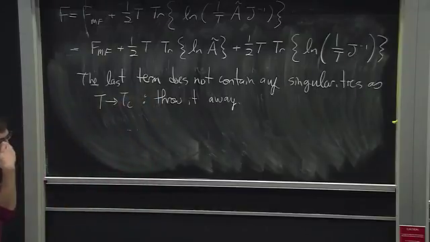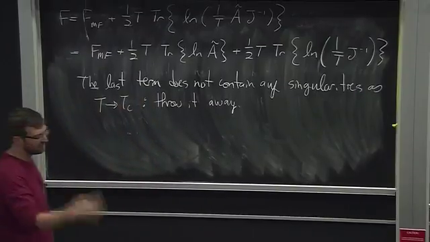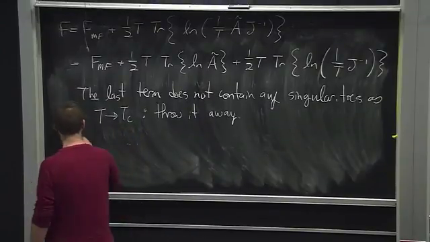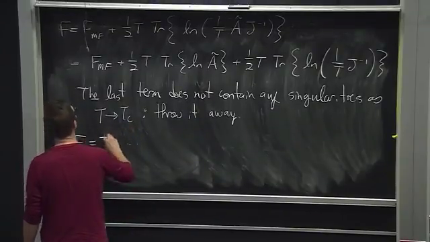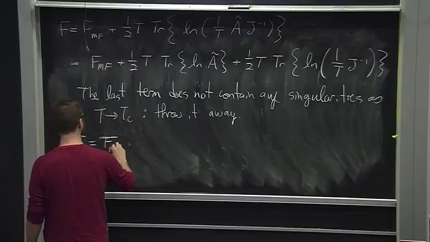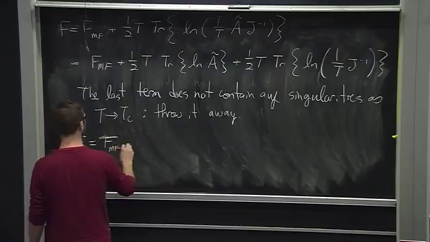So we're approximating a free energy, which is a mean field piece, plus a fluctuation piece.